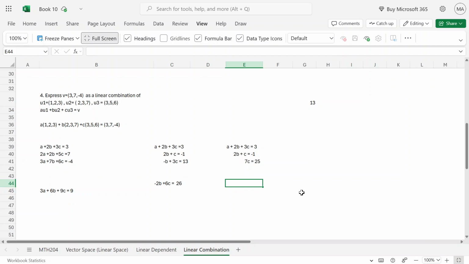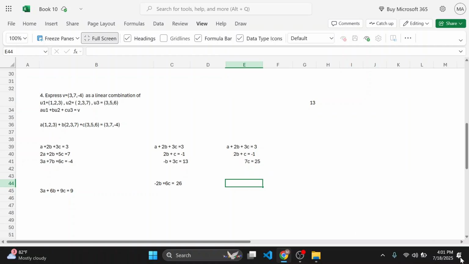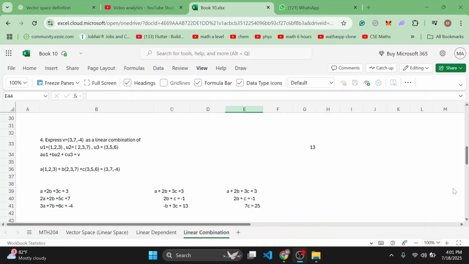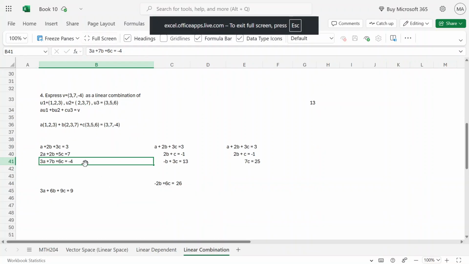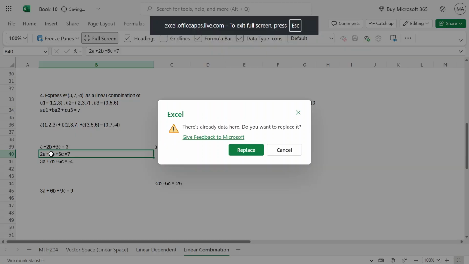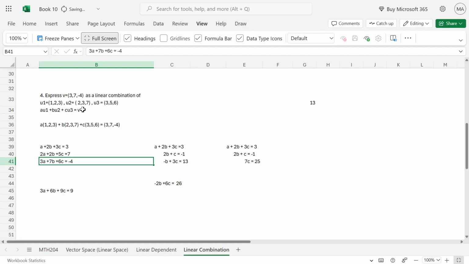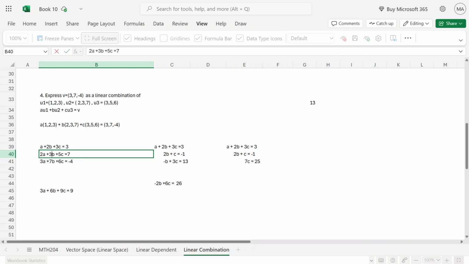It's correct. So coming, so there is an error in our question. I mean this, please, I'm sorry. So the second one is 3b, not 2b. So this is 3b here. So 3b, then 5c.